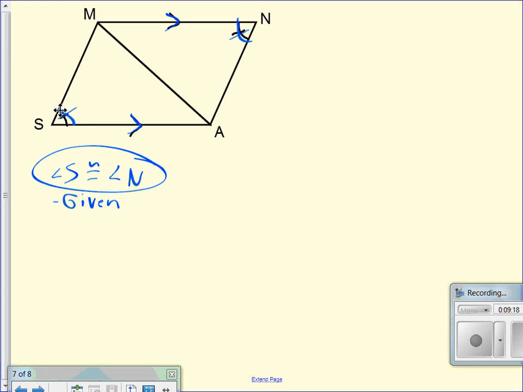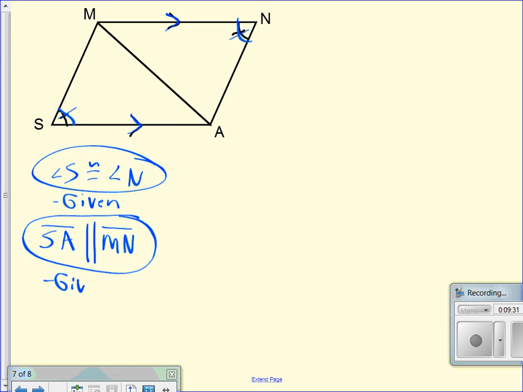Arrows mean parallel sides. So I'm going to state now that SA is parallel to MN. Very important to note, that is not saying those two sides are equal or congruent. It's just saying that they're parallel, which will lead to something else.